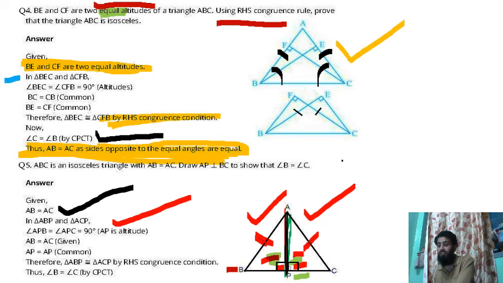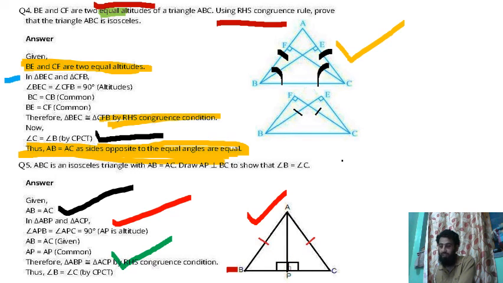So which condition is this? This is the RHS condition. So I said that these two triangles are congruent by RHS condition. And when two triangles are congruent, what happens to their corresponding parts? They are also equal, CPCT. So if the two triangles are congruent, then angle B will be equal to angle C, and the reason will be CPCT. Hopefully you understood this.